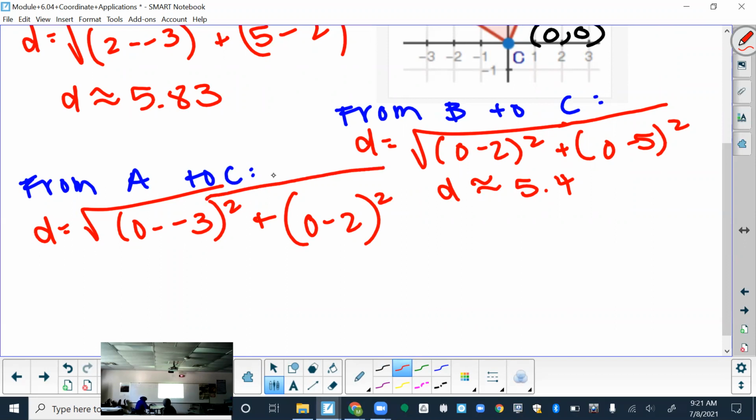But if you labeled one of them as x1, y1, and the other as x2, y2, you have to keep it the same for both. Like I can't have this be -3 minus 0 and this be 0 minus 2. It wouldn't work that way. But here's one way you could have written it, and that would give you the approximate answer of 3.6.